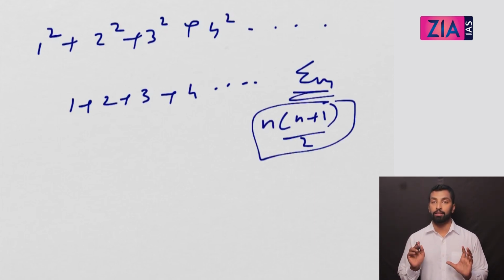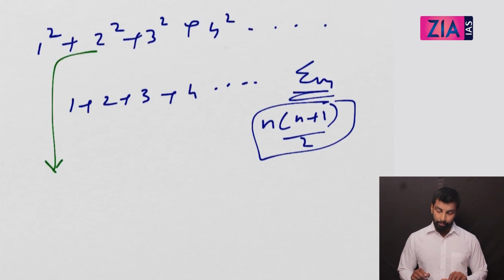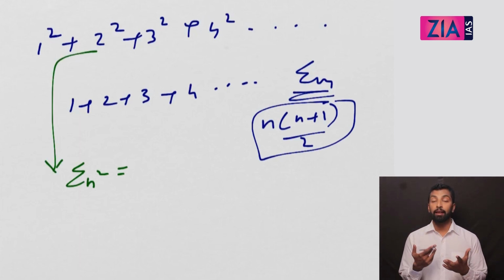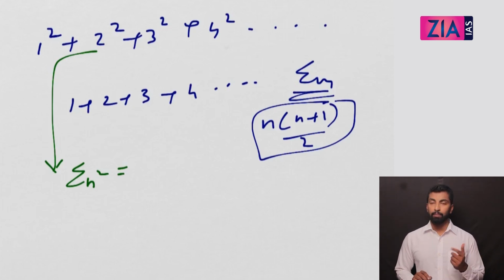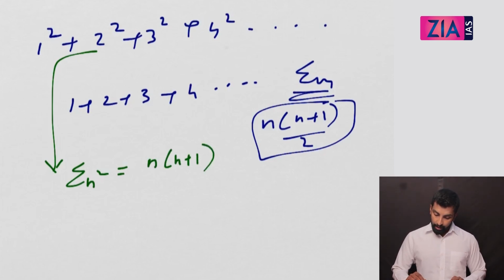Sigma n. You all know this. And we have also discussed this sigma n square, the sum of the first n squares, right? So sigma 2 square means 1 square plus 2 square. Sigma 5 square means 1 square, 2 square, 3 square, 4 square, 5 square, like this. So the answer is n into n plus 1 into 2n plus 1 divided by 6.